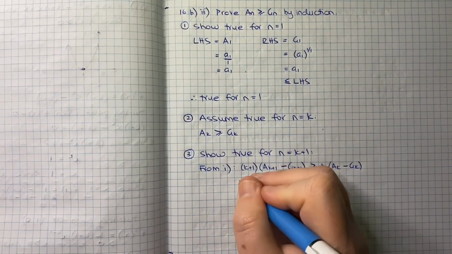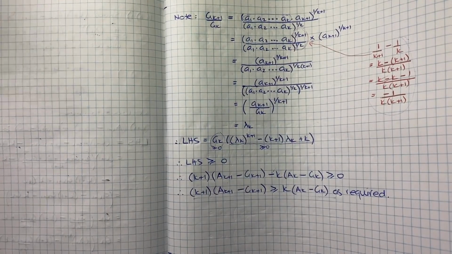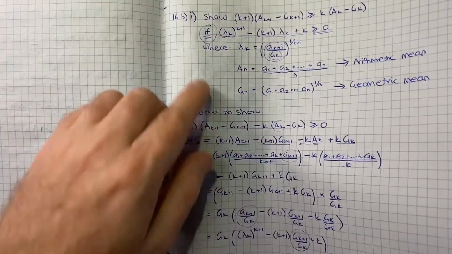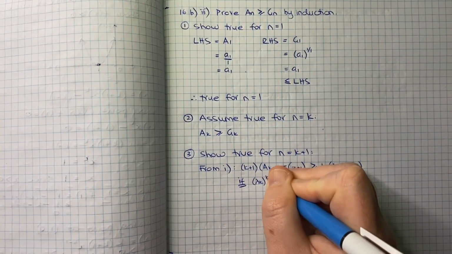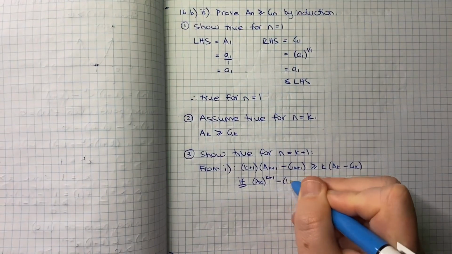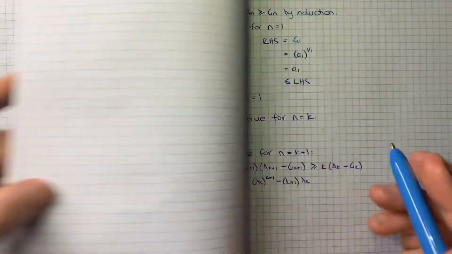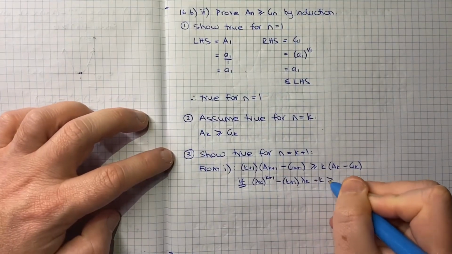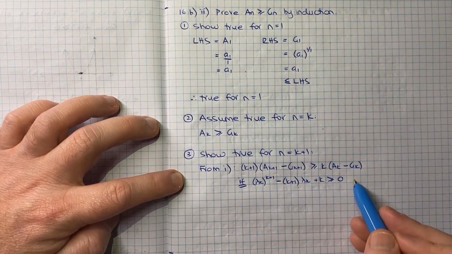But remember, there was a condition on that. That condition was if lambda_k to the k plus 1 minus (k plus 1) lambda_k plus k is greater than or equal to 0. So that was the condition. This first inequality was only true if this second one was true.